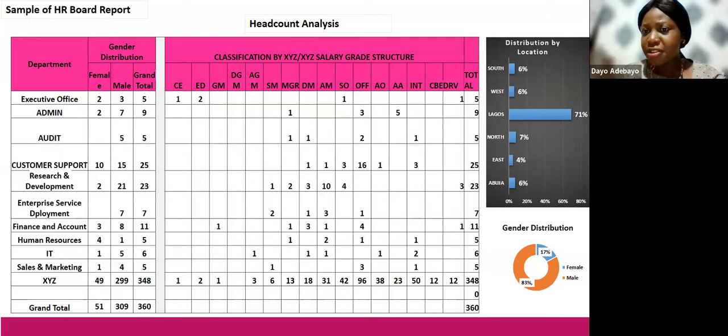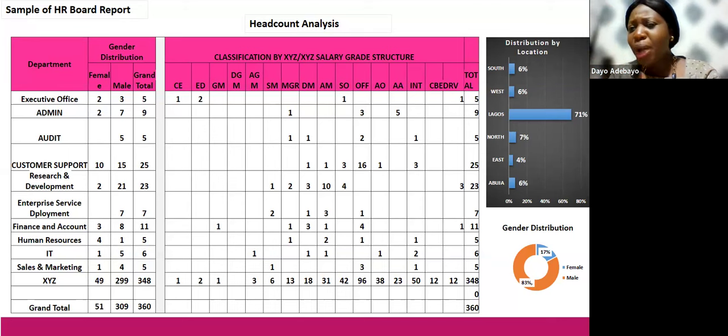So normally in the South, we have 6%, in the West, you have 6%, in Lagos. It doesn't have to be all up-country alone. You might also focus on a particular geographical location, it could be island. What this tells them is that they can see at a glance the distribution of staff that maybe they have not noticed. Maybe one of the directors has connections in the north.